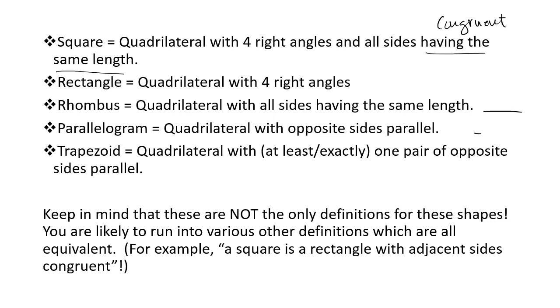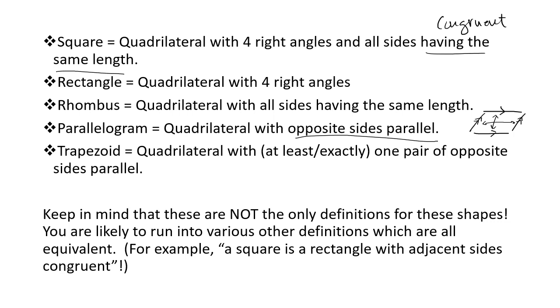So the shape that a lot of people have in their mind for a parallelogram looks a lot like this, where you can see that this side and this side form a parallel pair, and then this side and this side form a parallel pair also. So this is what we mean by a parallelogram. Opposite sides are parallel. So these are opposite each other, and then these are opposite each other.